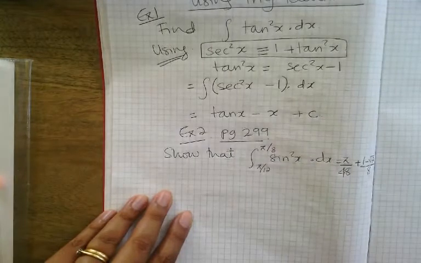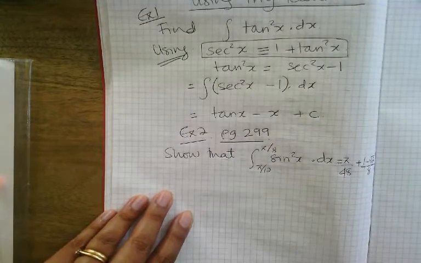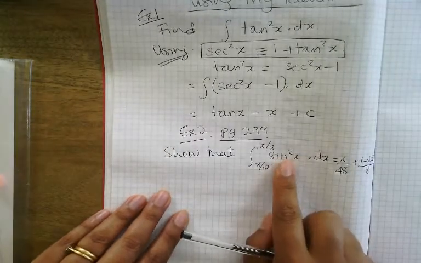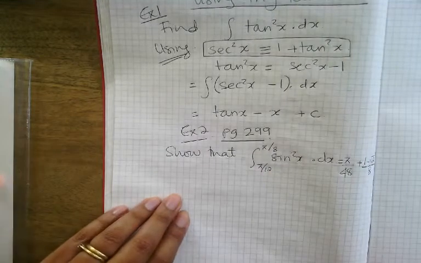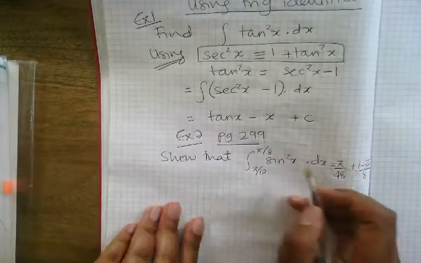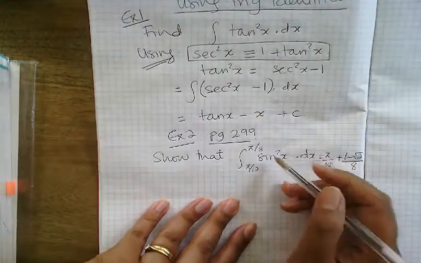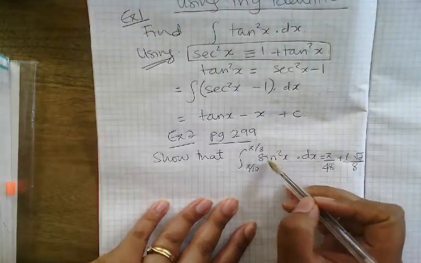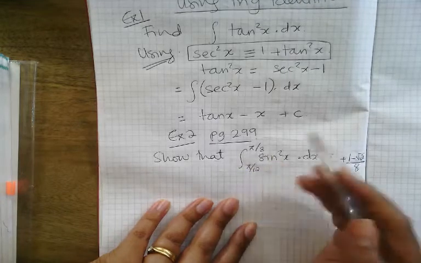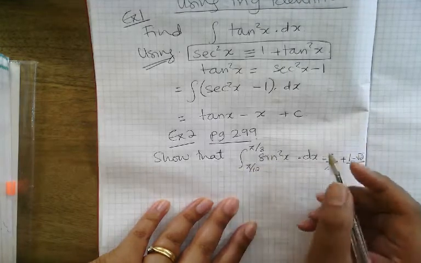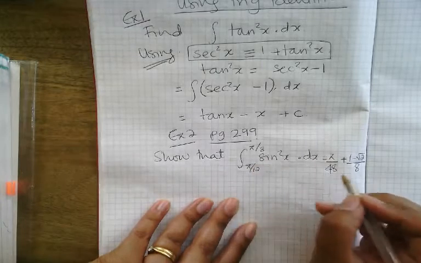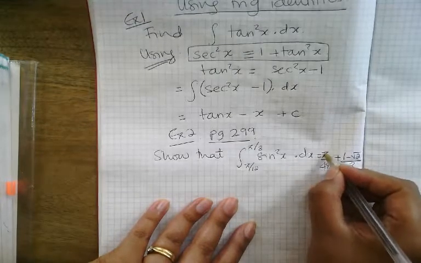Now I've got sine squared x, and I don't know the integral for that from my list. I can't just integrate it using my chain rule, so I can't make the substitution u equals sine x and then have u squared. It's just not going to work.